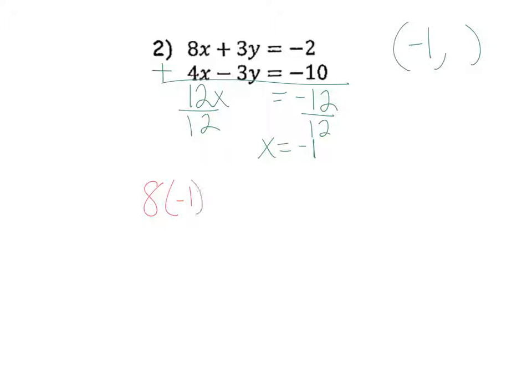8x, x is negative 1. 8x plus 3y, we're solving for y now, equals negative 2. Keep going with the math, solve for y. Negative 8 plus 3y equals negative 2.